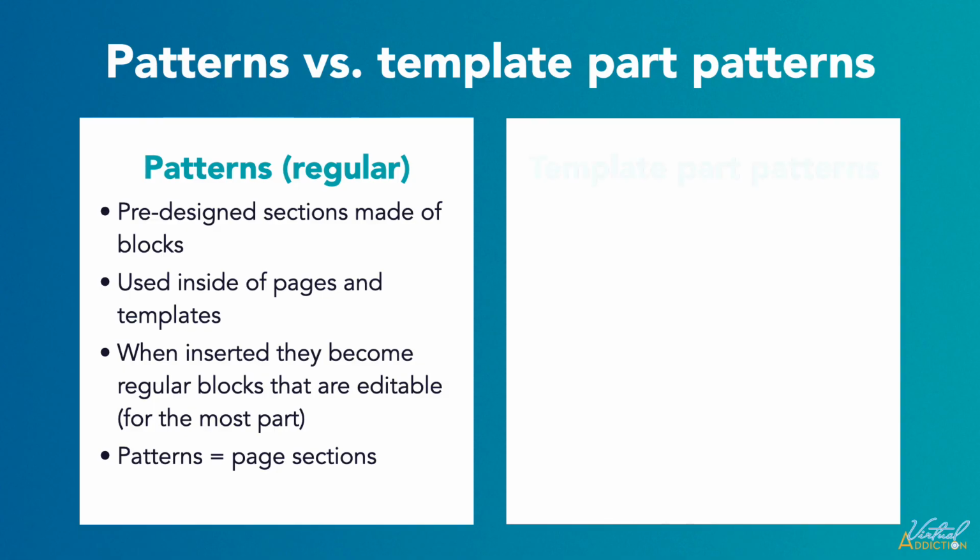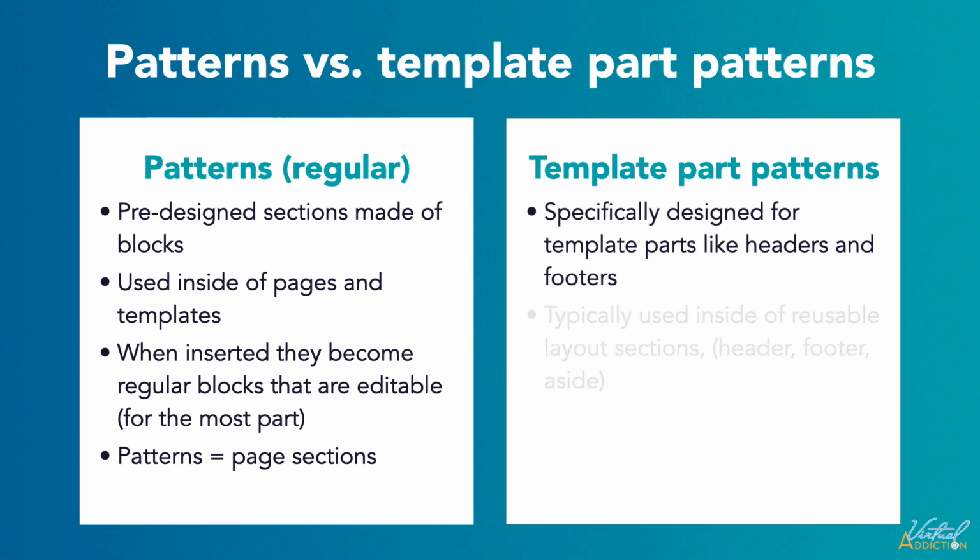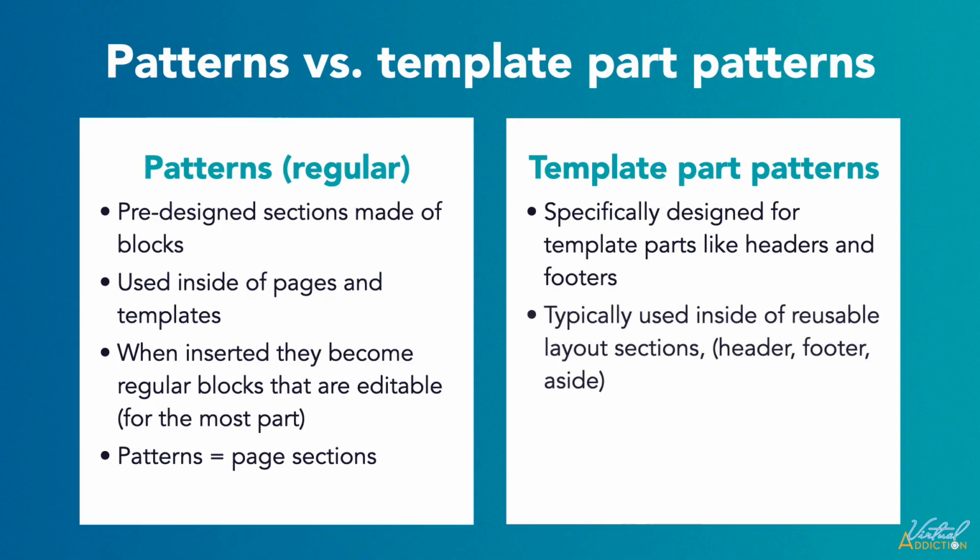Now let's look at template part patterns. These are similar in that they're also made of blocks, but they're designed specifically for template parts, like headers and footers. You use them inside areas such as your site header, footer, or other reusable layout sections. Examples include a navigation header layout, a footer with columns and links, or a logo with a menu.